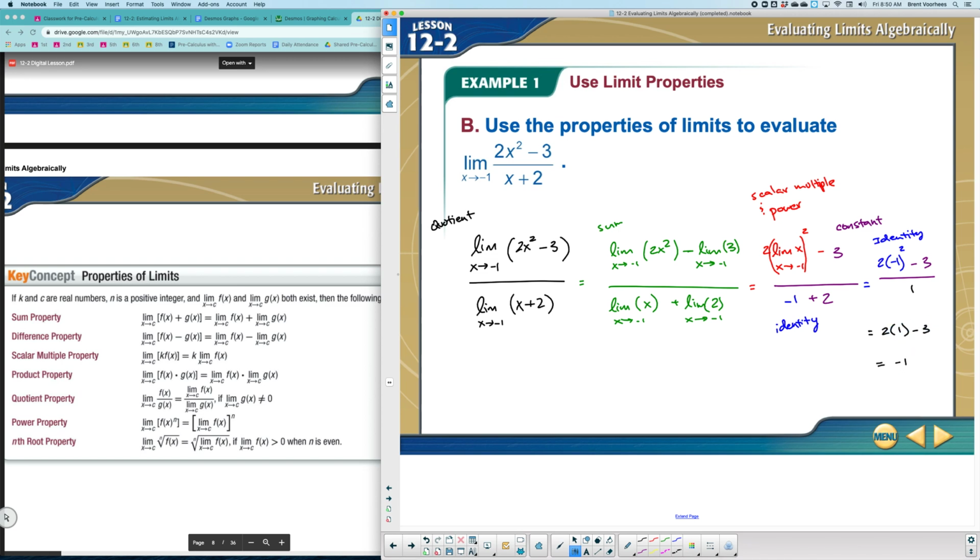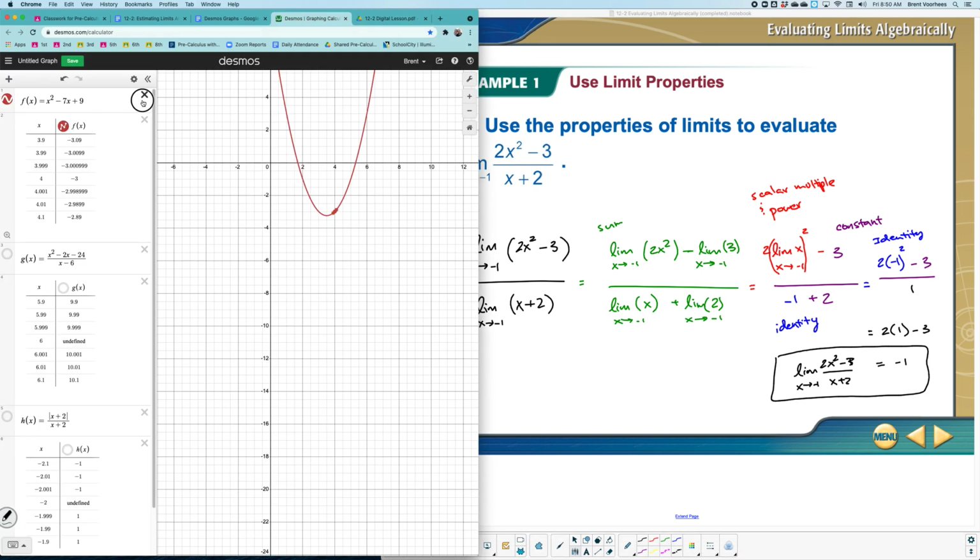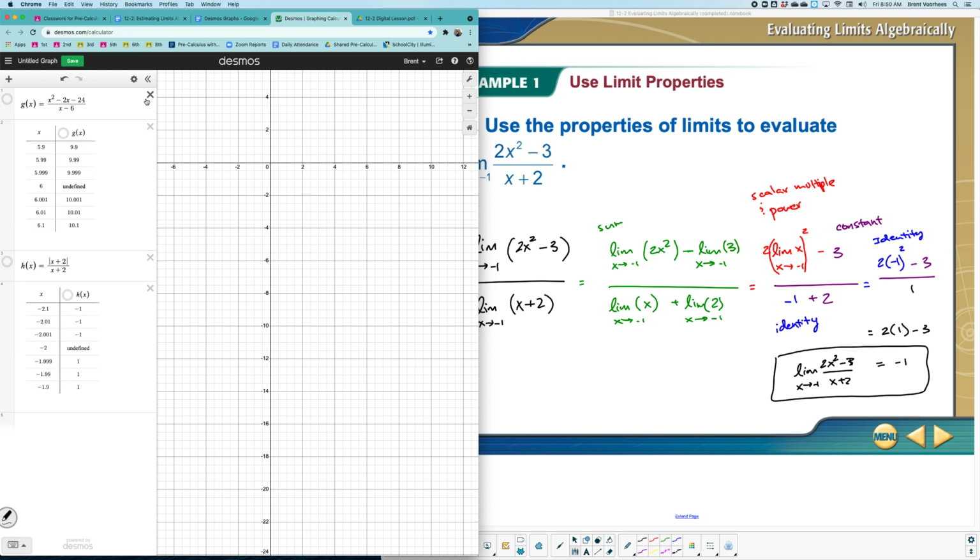I'm getting -1. So the limit of 2x squared minus 3 over x plus 2 as x approaches -1 will equal -1. And if you want to check this out by graph, you could. Let me clear off these.